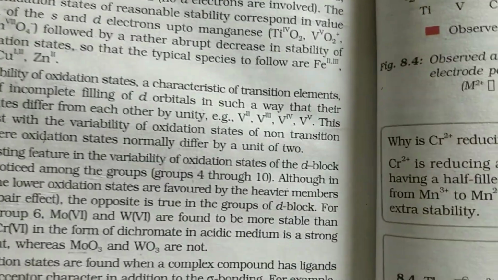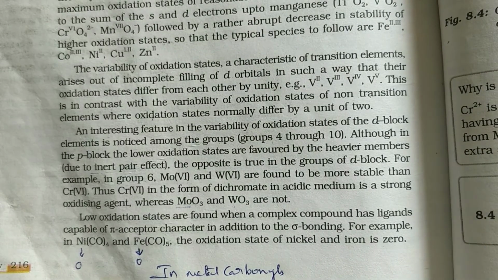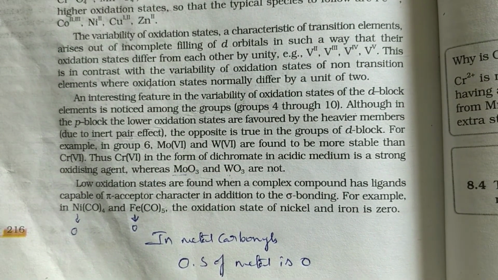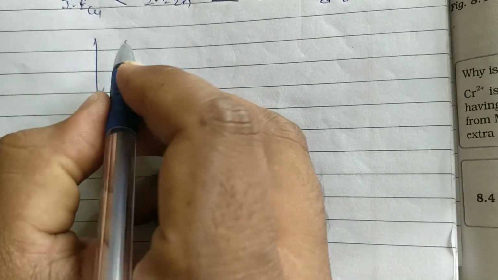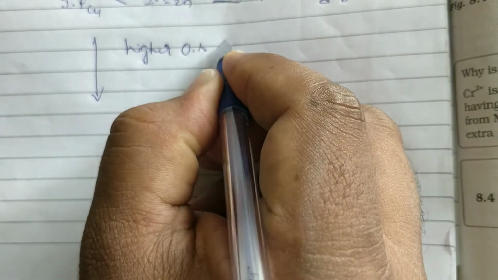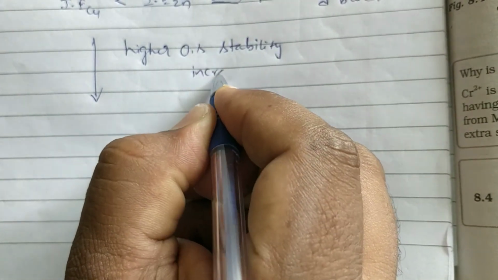This is the detailed explanation of oxidation state. In p block elements, from top to bottom, lower oxidation state stability increases, but higher oxidation state stability decreases because of the inert pair effect. But in d block elements, from top to bottom, higher oxidation state stability increases.